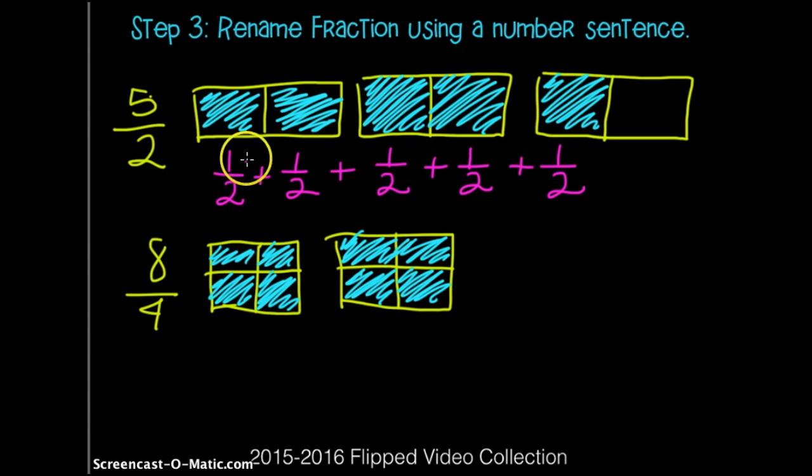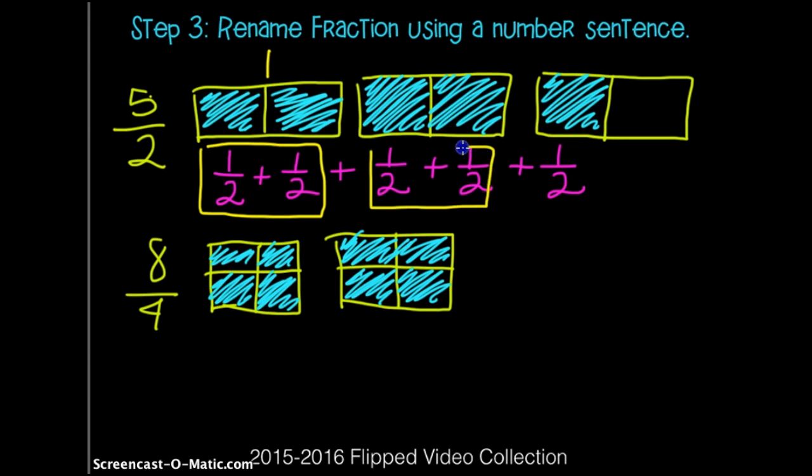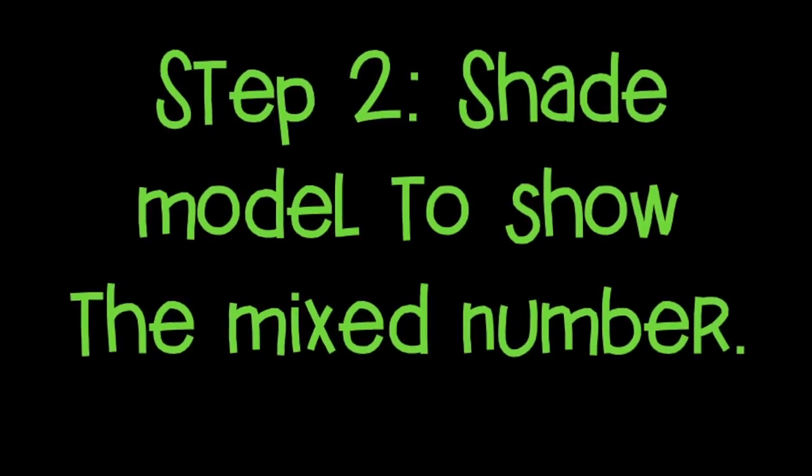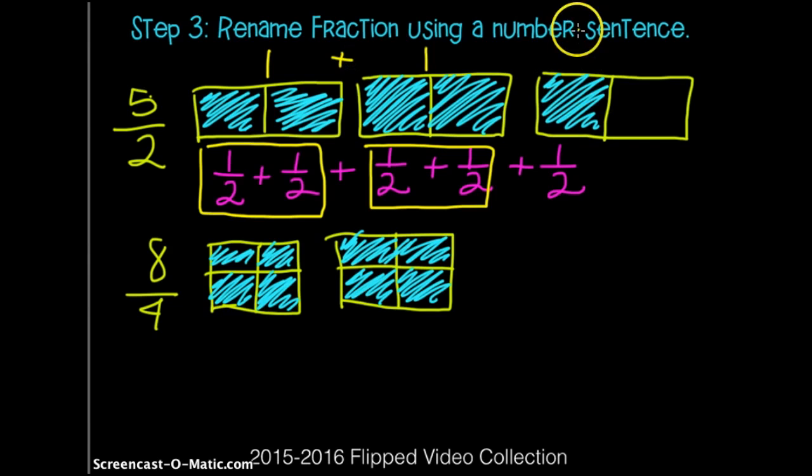If you've noticed, these two halves create one whole, so I'm going to name that 1. These two halves put together create one whole. And then I have what's left over. In this case, this fraction, 5/2, would be 2 and 1/2.